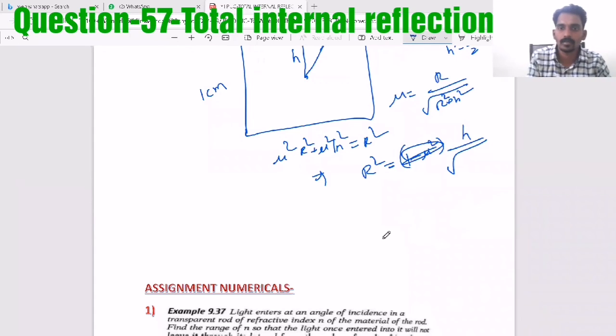So here we have taken a little wrong formula, 1 by mu.